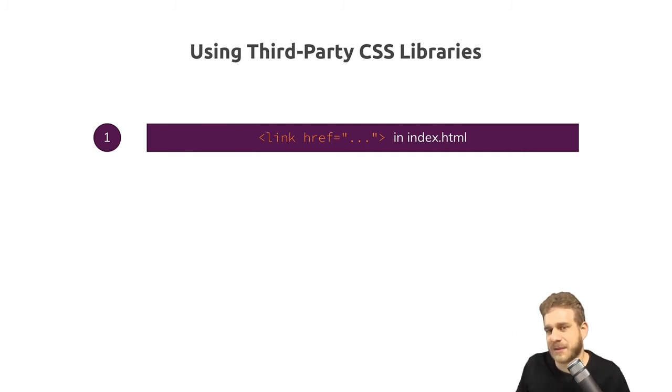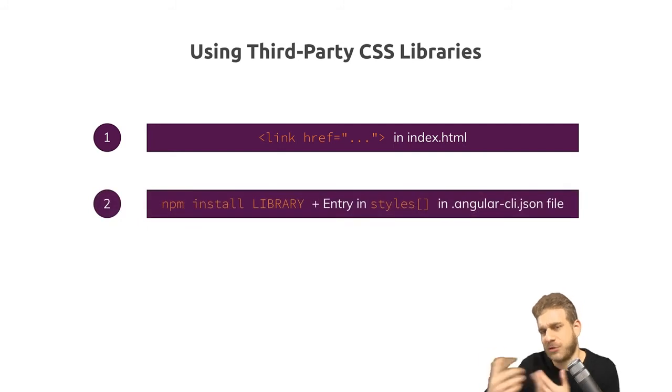The second possible approach is to either download the CSS library file you want to use, or use npm install library to install it, and then add an entry to the styles array in the Angular CLI.json file. And that entry simply needs to be the path seen from the source folder of your app, so not from the root folder, to that file you downloaded or installed. This is how simple you can add a CSS library.